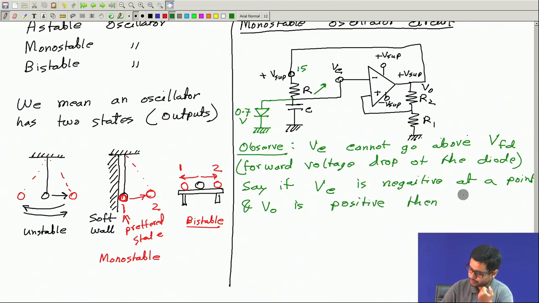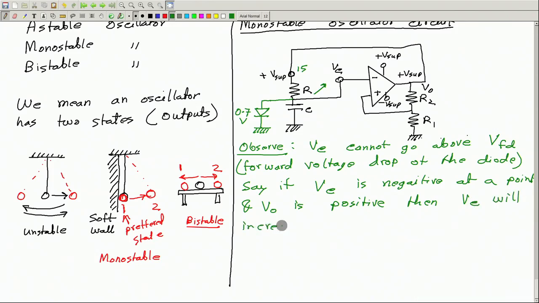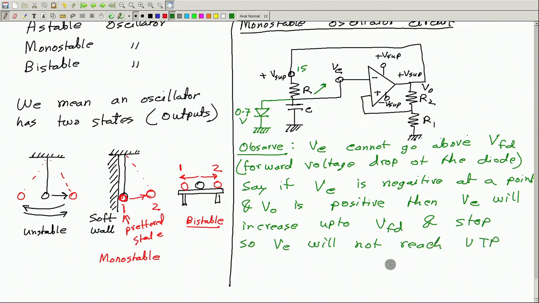Then Vc will increase because current is flowing through the resistance R up to VDF and stop. So, Vc will not reach the upper trigger point of this Schmitt trigger.